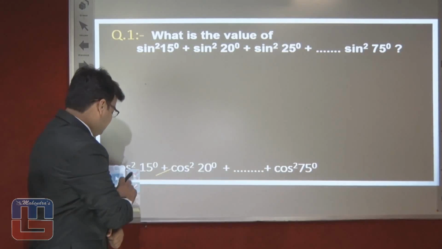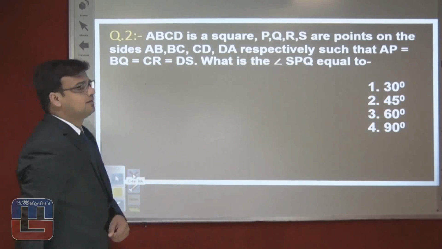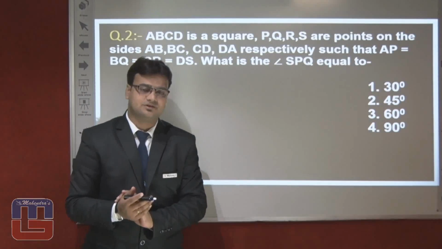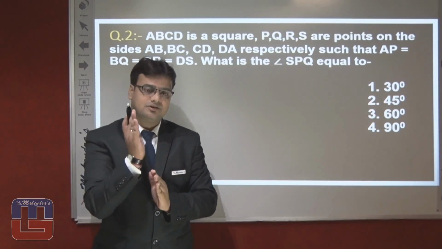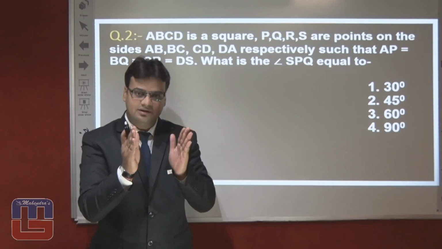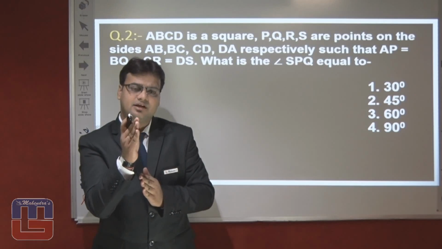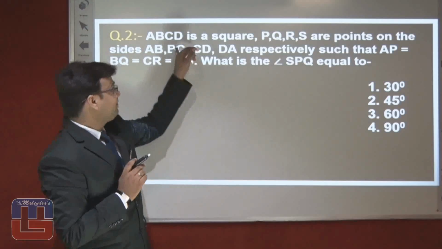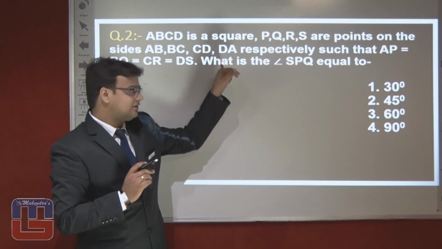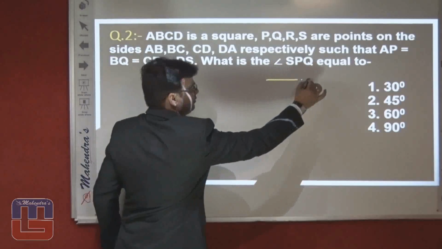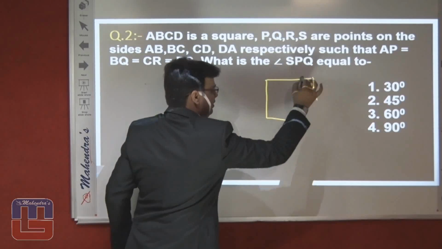That's the question. Next question is based on geometry. In geometry, first we draw the geometric figure according to the question. Here the question is that ABCD is a square. Firstly, draw a square ABCD.